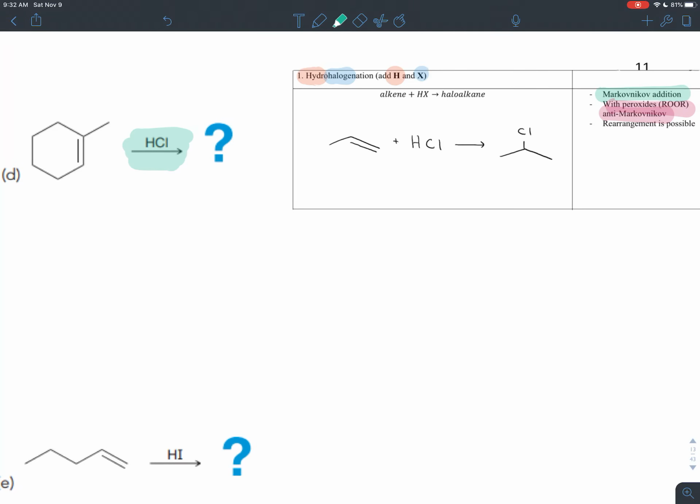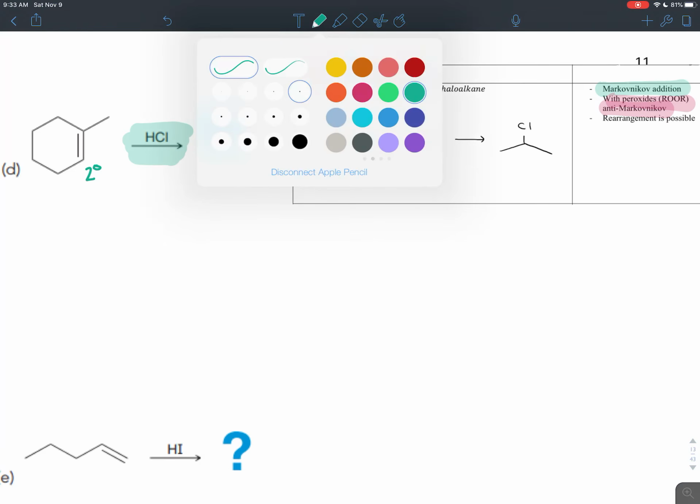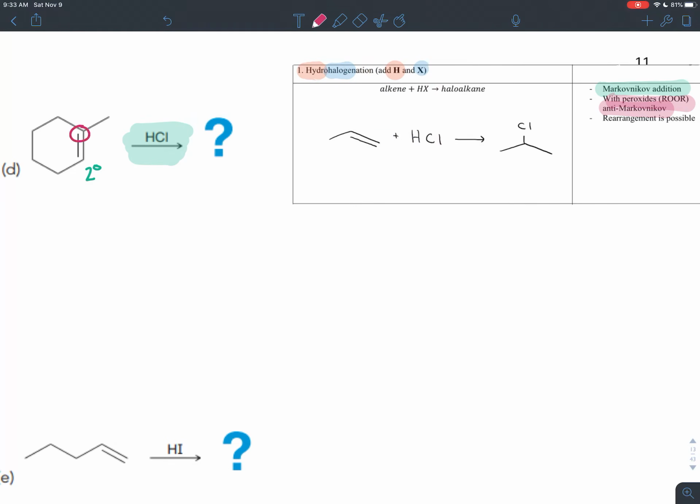The hydrogen is going to add to the less substituted carbon. Here, this carbon at the bottom in the double bond is bonded to 1, 2 other carbons. Notice we're only paying attention to carbons in the double bond. So that's secondary. And the other carbon in the double bond is bonded to 1, 2, 3 carbons, so that is tertiary.